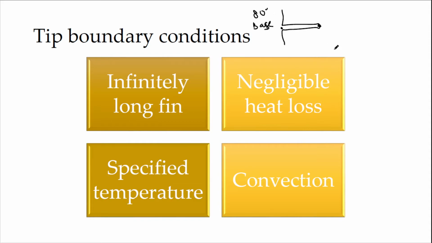For convection, you have a tip, and the Q will go to the ambient. If I write the mathematical boundary condition, K dT/dx is equal to H times T minus T ambient. So we are giving heat to the ambient. That's what it means by convection.